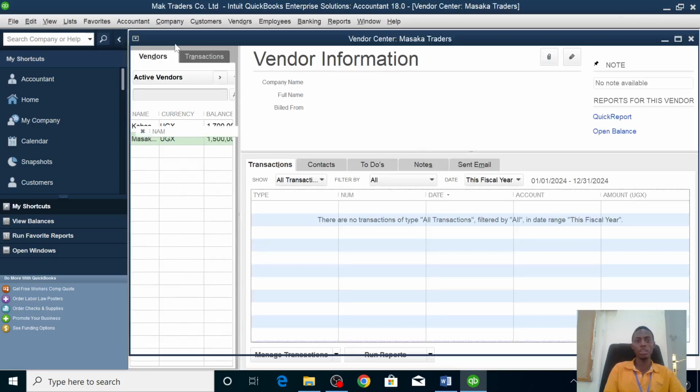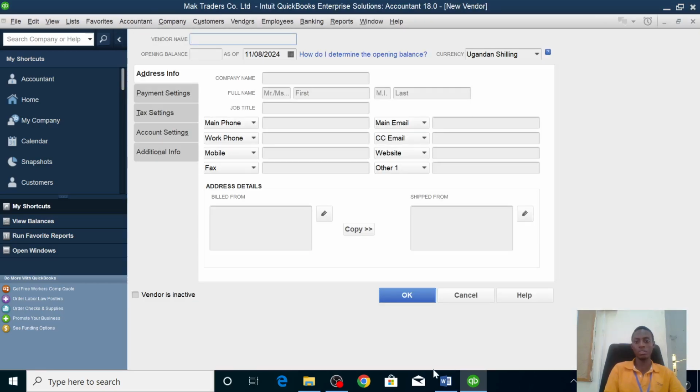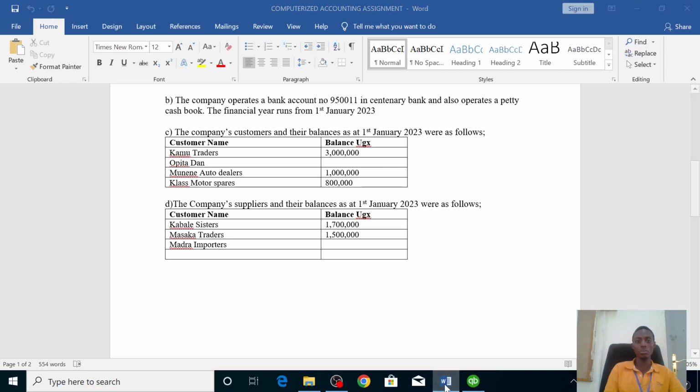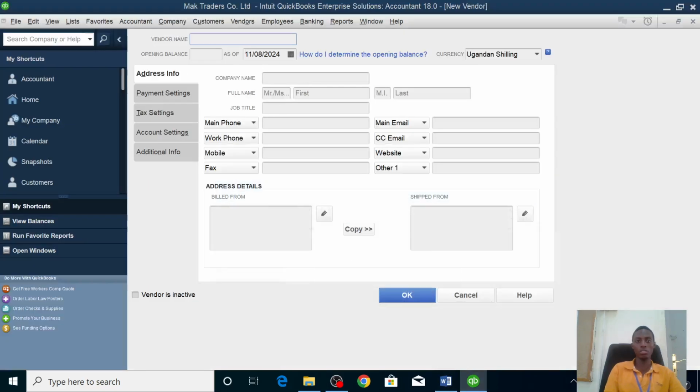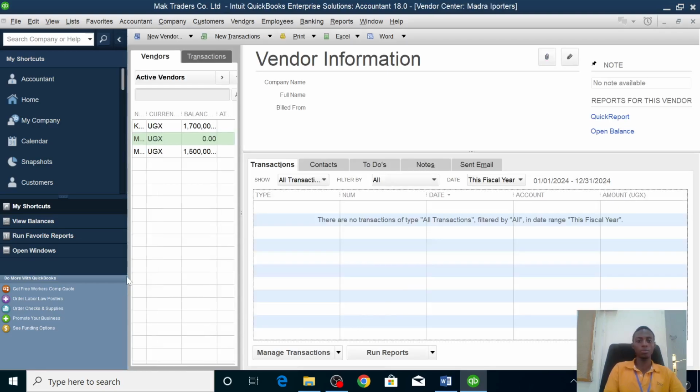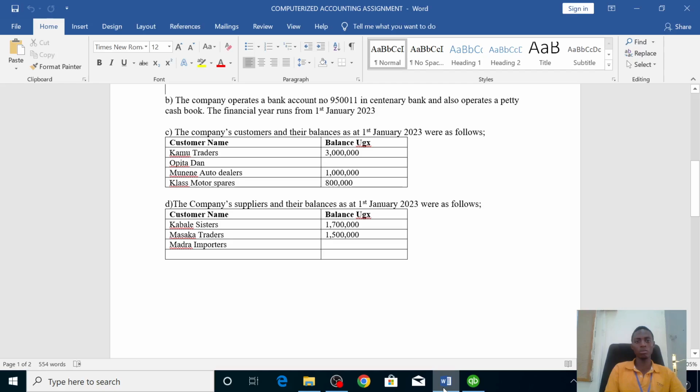Finally, my last vendor is Madra Importers. The date is as of 1st January 2023. I'm done with the vendors.